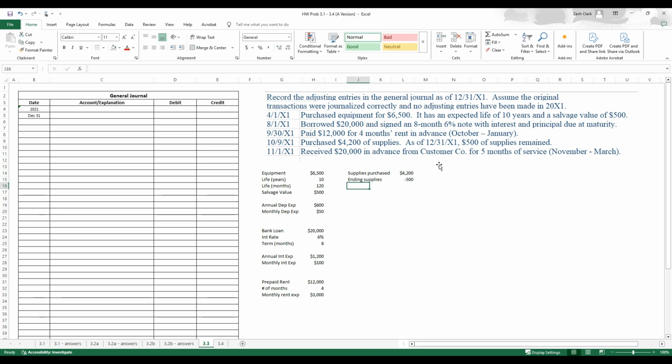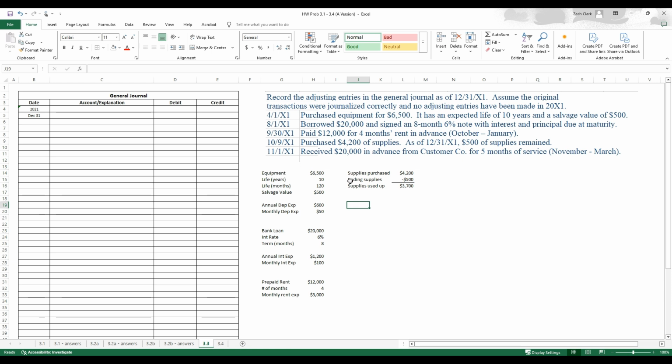There's 500 left over. And then if we take the original minus what's left over, we end up with $3,700. And that is the supplies used up. If we started with this and have this left over, the difference, what's gone, is the supplies used up of $3,700.